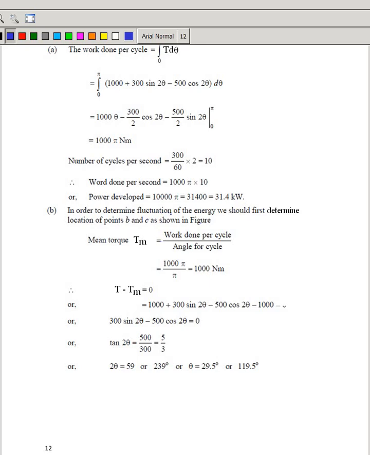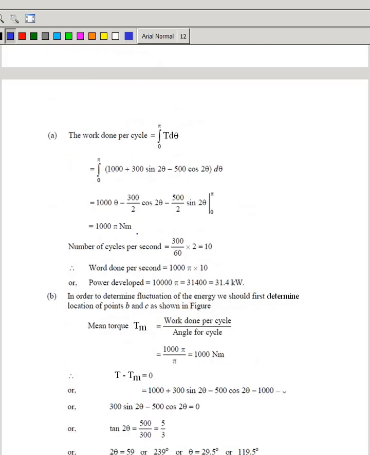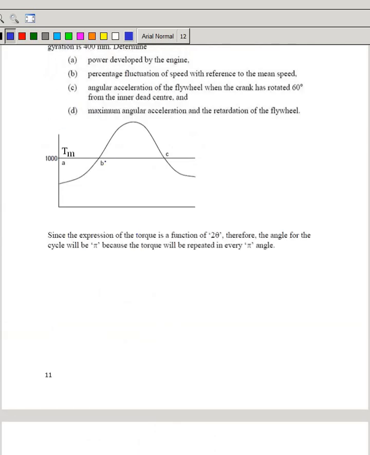In order to determine the fluctuation of energy, we should first determine the location of B and C. If you take the energy here as E, then E minus this area gives the energy at this point, then plus this area gives this point, then again minus the area under this, you get energy at this point.